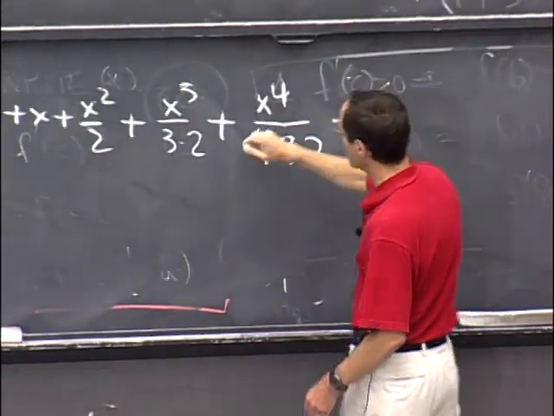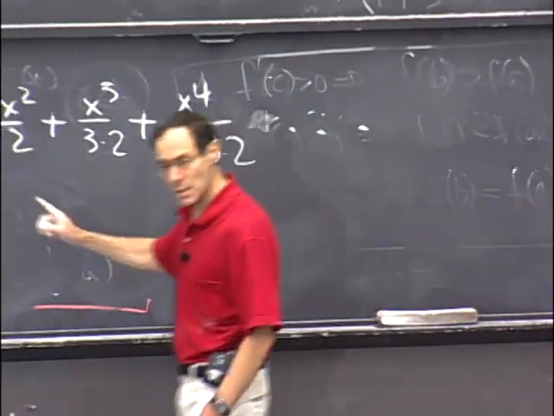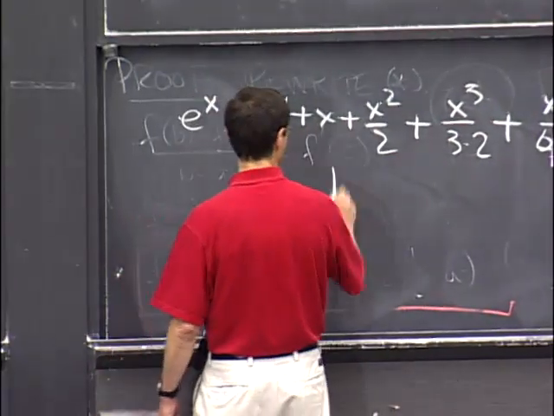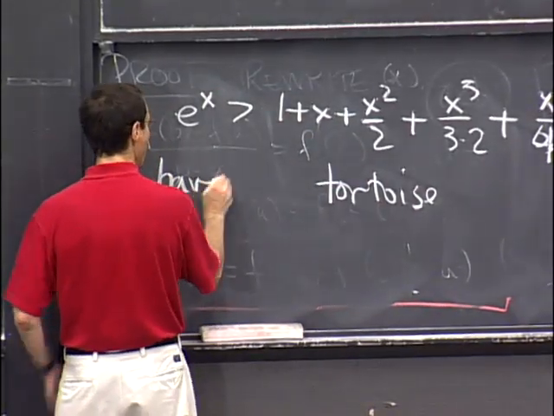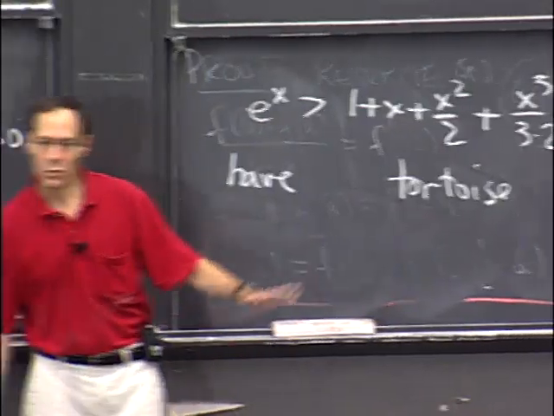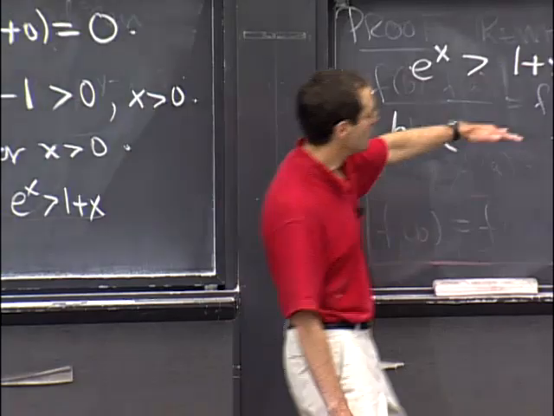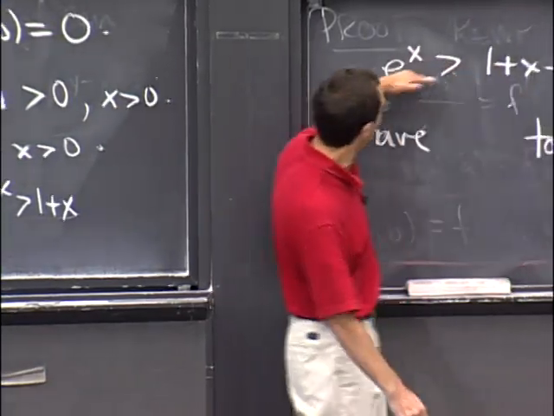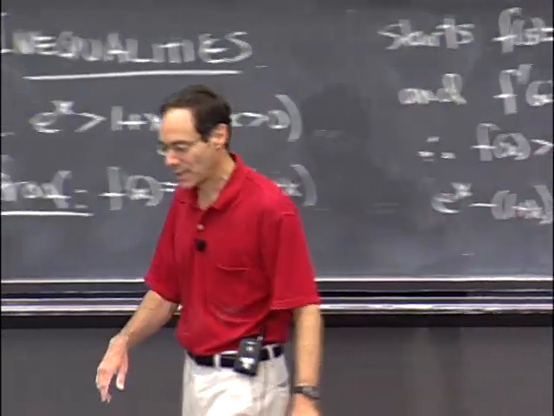And you can do whatever you want. You can do others. And this is like the tortoise and the hare. This is the tortoise, and this is the hare. It's always ahead, but eventually, if you go infinitely far, it catches up. So this turns out to be exactly equal to e to the x in the limit. And we'll talk about that maybe at the end of the course.